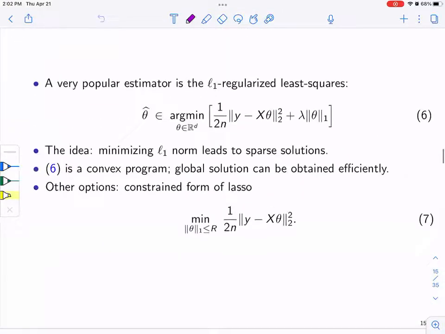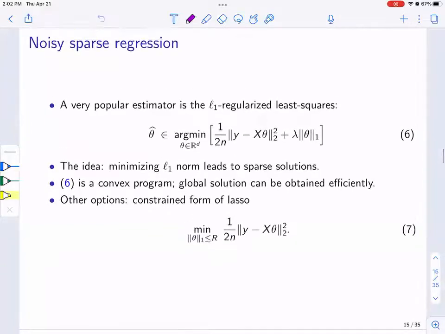So if you go back, we want to analyze these two problems, the L1 penalized regression and the constrained form, which just includes this penalty as a constraint instead of in the objective function. There's the parameter lambda here, which is the regularization parameter, and the corresponding parameter in the other problem is R.